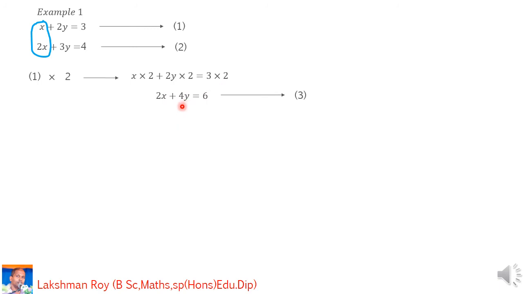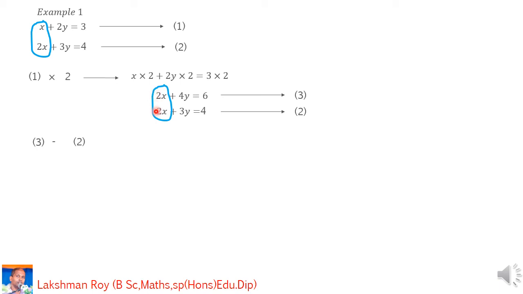Since I changed the first equation, I take the second equation and write it here. So this is the second equation, no change. Now you can see here 2x, 2x, what happened? The x terms are equal, now I can remove the x term. How? See the sign, positive 2x, no sign means positive, so what to do?